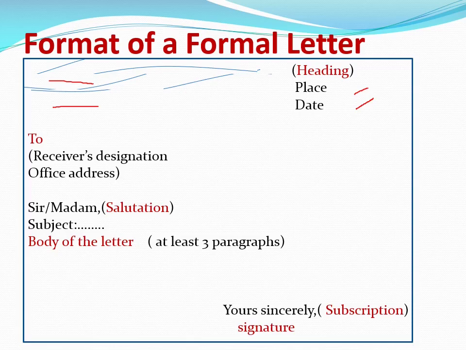So you can write either on the left side or right side. And then 'To'. Here observe there is no full stop or any punctuation mark after 'To'. This is very important. And after 'To' you can write the receiver's designation and office address, etc.